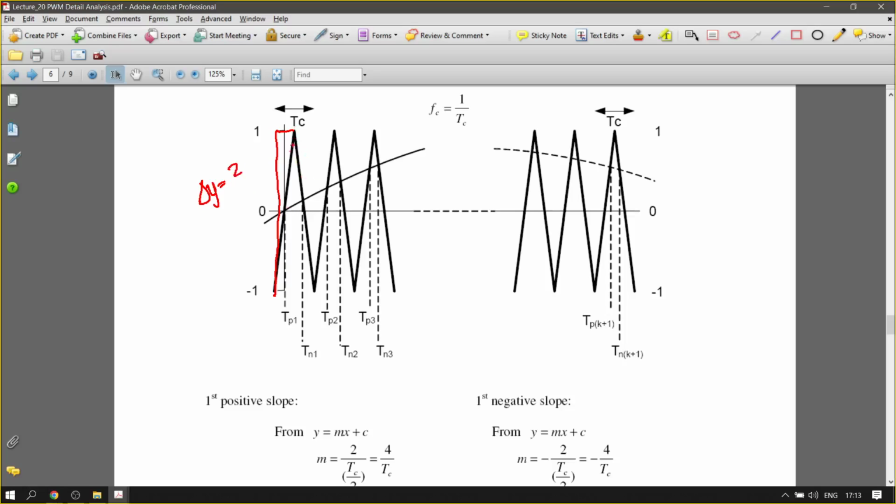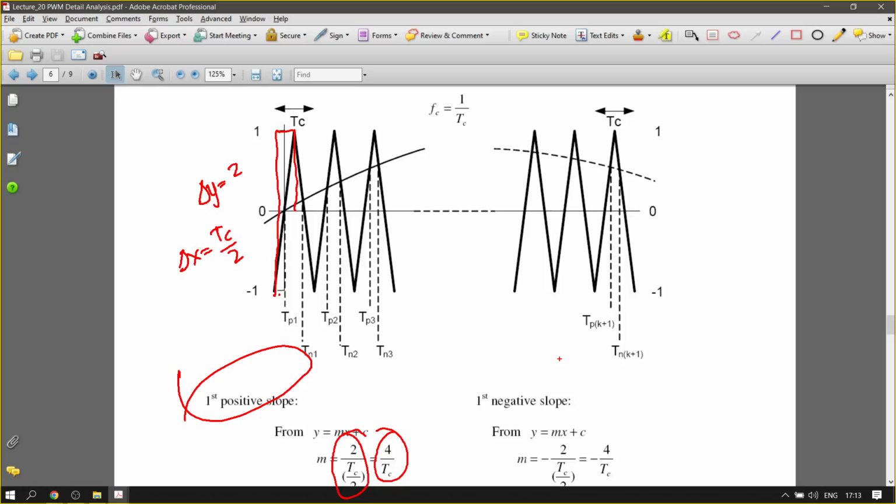Dan kalau you tengok daripada sini ke sini, okay, dia separuh, isn't it? Separuh of T_c. So that's why delta x equals to T_c over 2. And that's why you punya m equals to 2 over T_c over 2. And finally you have m equals to 4 over T_c untuk first positive slope.